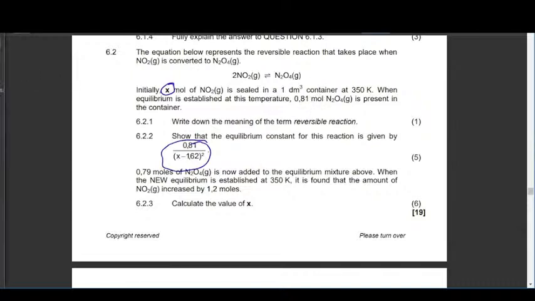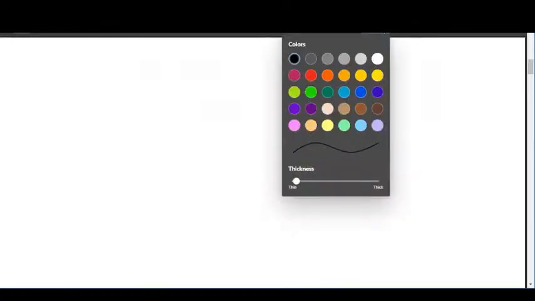You have to prove that the Kc is equal to that based on the information which is given there. So in this case, we are going to use our RICE method, depending on what your teacher taught you. So let me draw it here. Let me choose the black color.